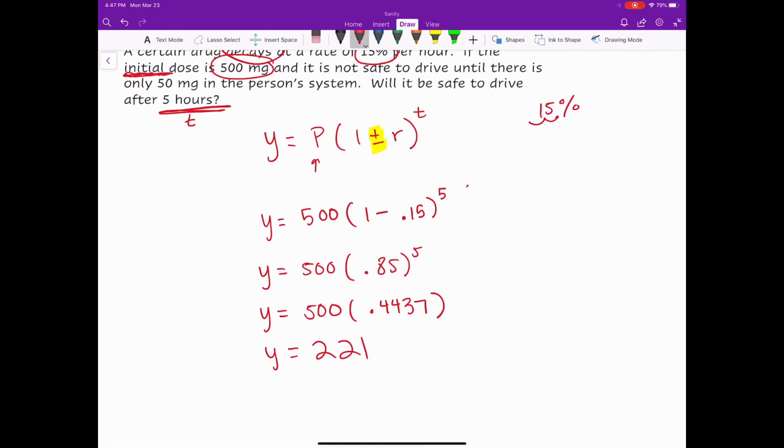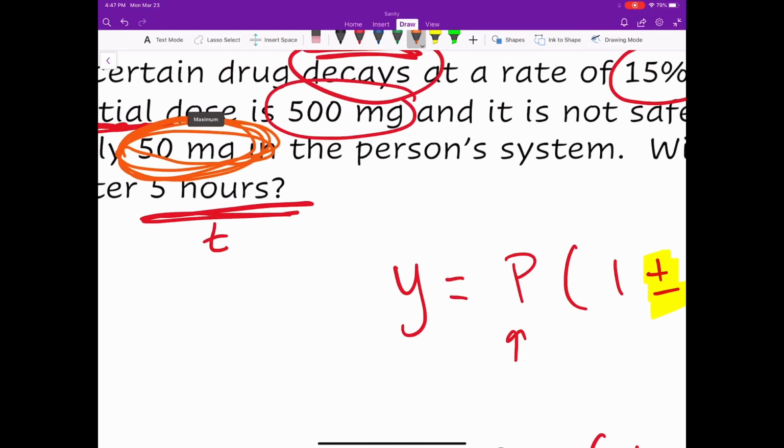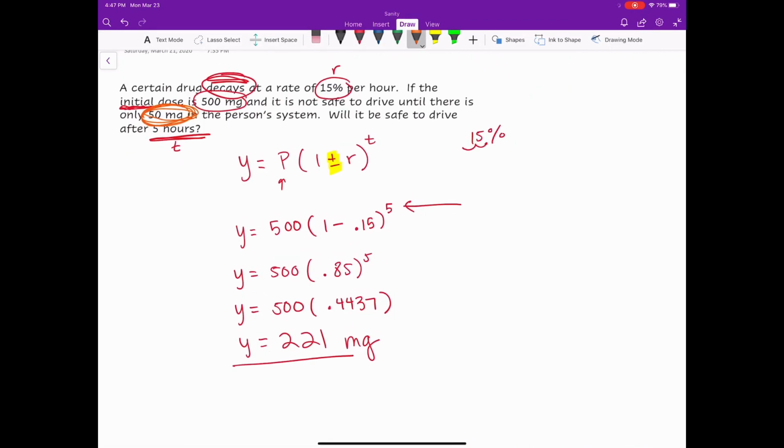So after 5 hours, we're going to have 221 milligrams left in the bloodstream. Will it be safe to drive after 5 hours? No. Do not operate heavy machinery. All right, so there we go.